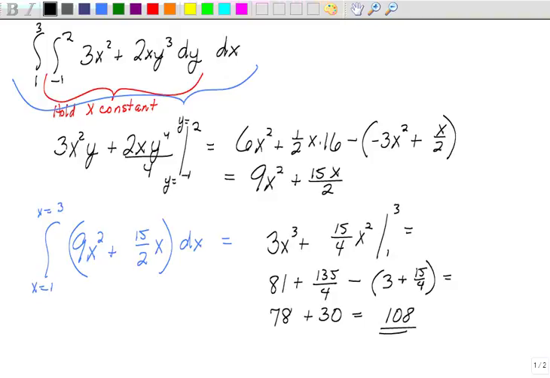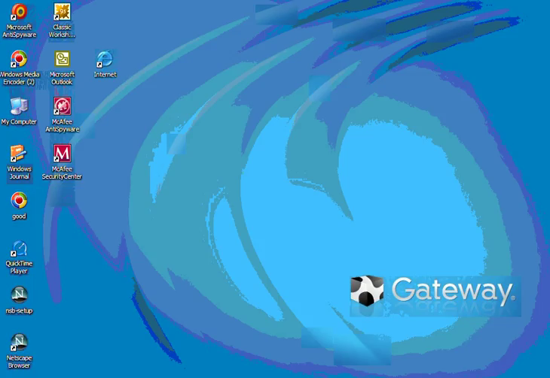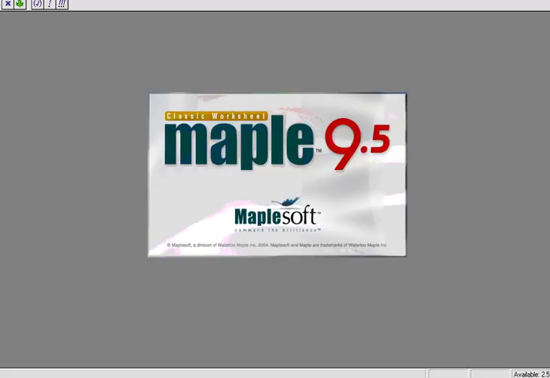Now, let's go to Maple and see how we can do this in Maple. What you need is the Student package, so we're going to do with Student.